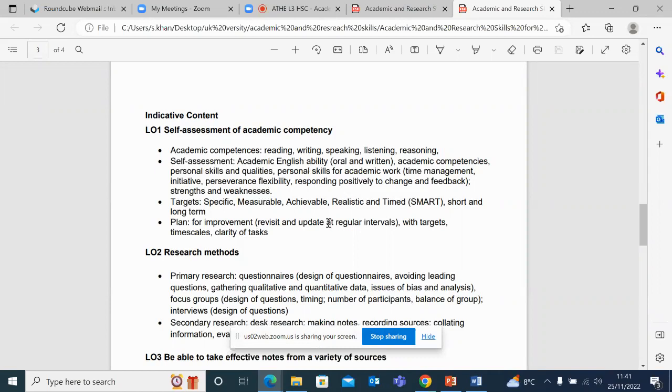Then we're going to look at self-assessment: your academic ability to read orally and written work, time management, your strengths and weaknesses. We're going to be looking at the SMART ideology, short and long term, the plan for improvement and your targets, okay?